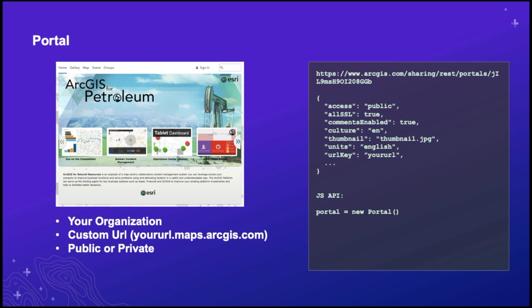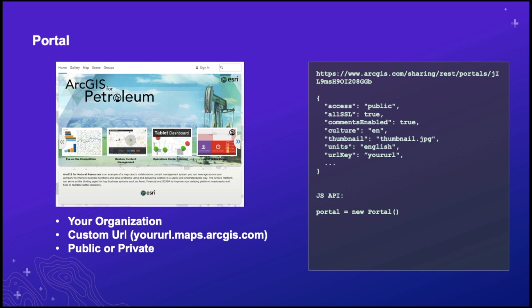And then you can select whether it's public or private. If it's public, anybody going to that URL will get a front page with what you put on it. You can describe what your organization does, maybe put some of your latest maps on it, etc. Or you can make it private. And so if anybody goes to that URL, they will get prompted to log in before they can actually do anything.